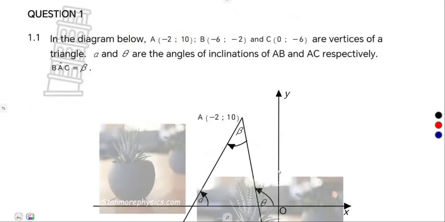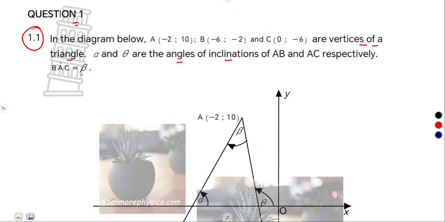So let us quickly have our questions here. Question number 1. On 1.1, in the diagram below, there are points A, B, and C, which are vertices of a triangle. Angle alpha and angle theta are angles of inclination of AB and AC respectively.